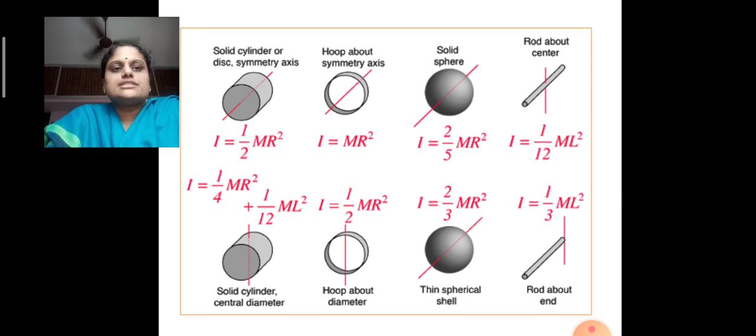Similarly, for a solid sphere, along any axis through its center, moment of inertia I is equivalent to 2 by 5 mr². Similarly, for a solid cylinder about an axis which is along the diameter of its cross-sectional circle, I is equivalent to 1 by 4 mr² plus 1 by 12 ml².